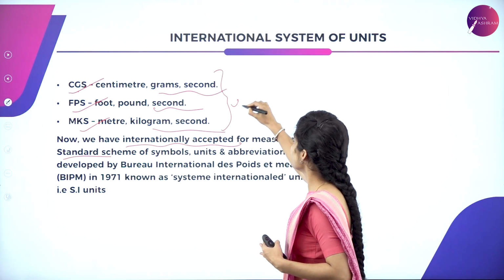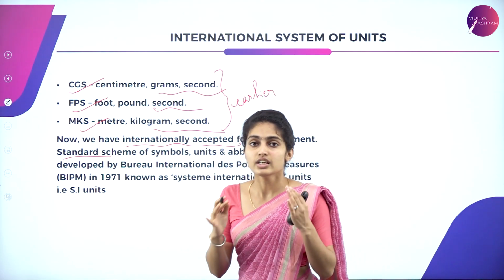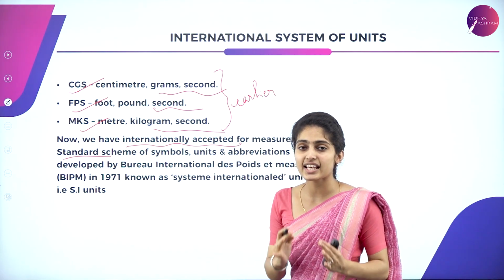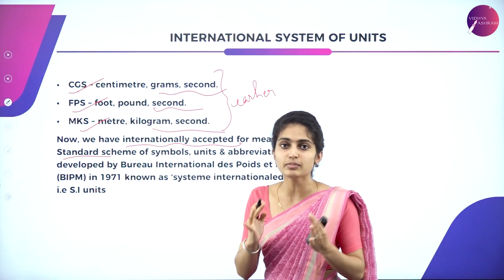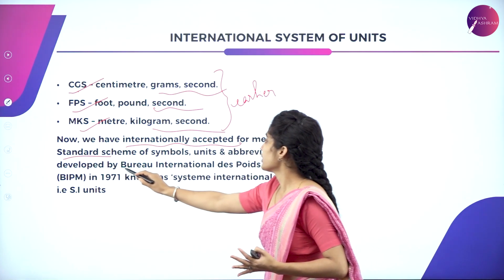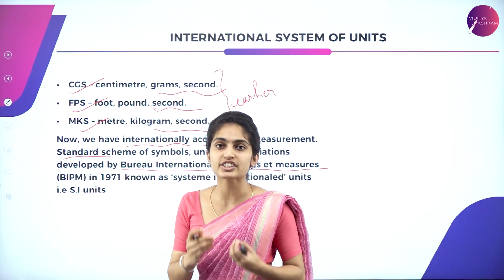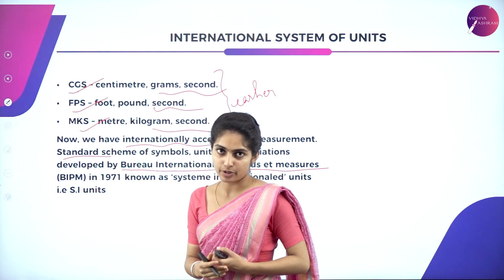These other systems were used earlier, but after 1971 the system we use is the SI unit, the System International Unit, developed by the Bureau International des Poids et Mesures, that is the Bureau of International System of Measurements.